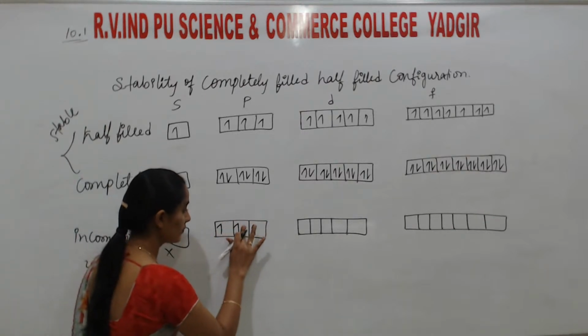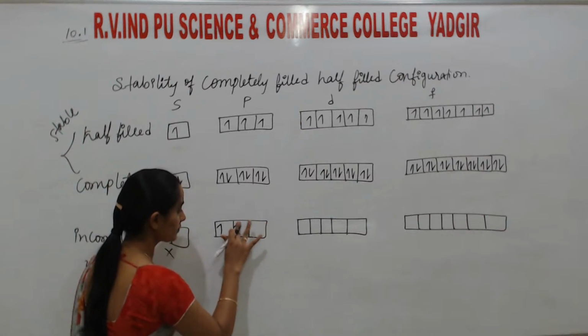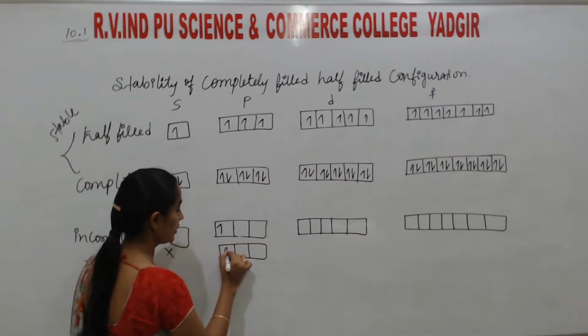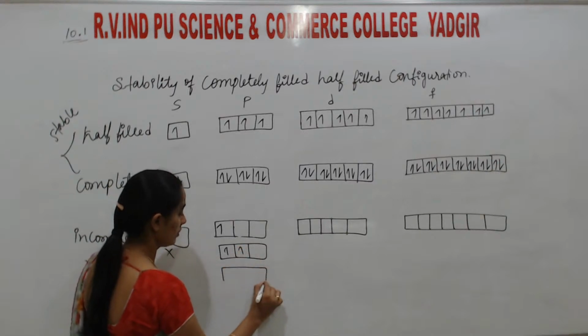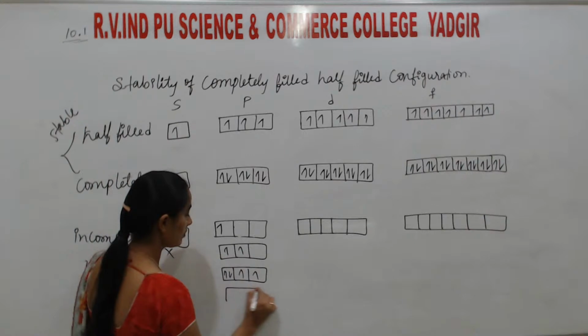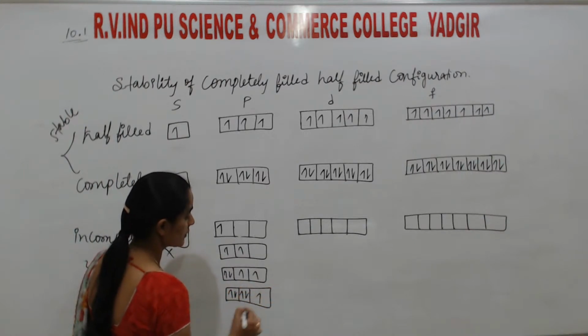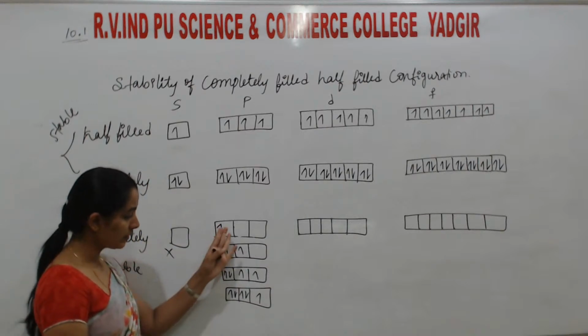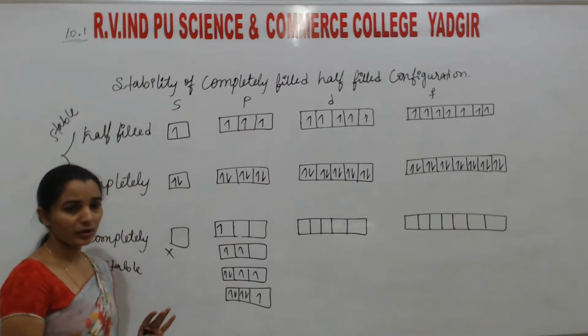So I write here the four possibilities. These four are the incompletely filled configurations of p orbital, and these are unstable. They are not stable.